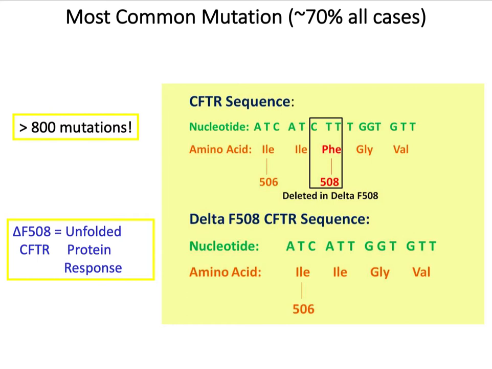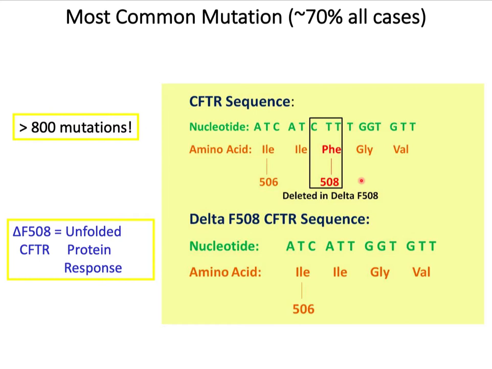So when we were talking about cystic fibrosis, we talked about the types of mutations that you see in the CFTR. And this is very interesting. There are about 800 different mutations that have been associated with CFTR. But the most common, in about 70% of the cases, is a deletion of the phenylalanine at position 508.